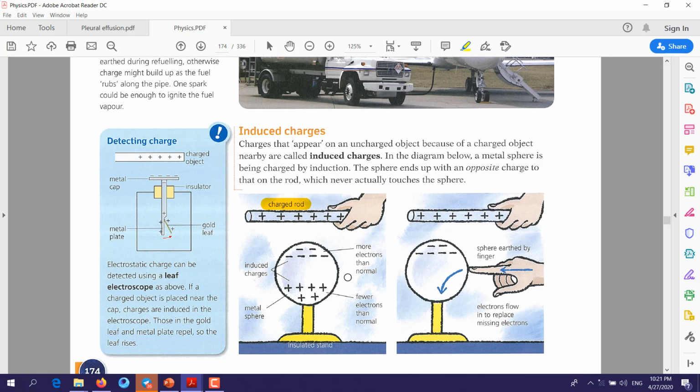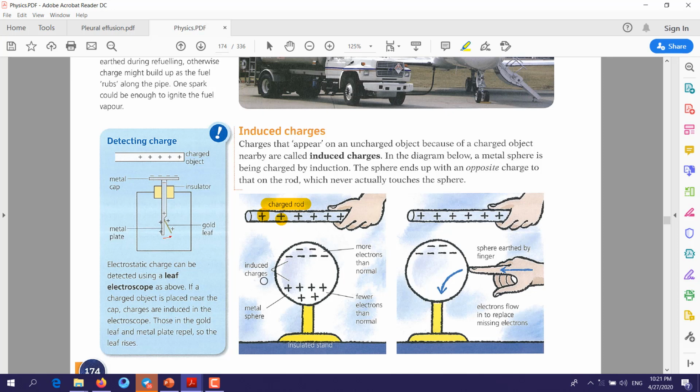When you bring this rod close to this one, what will happen? This charge has an electric field. What does that mean? It means this object will affect this object.